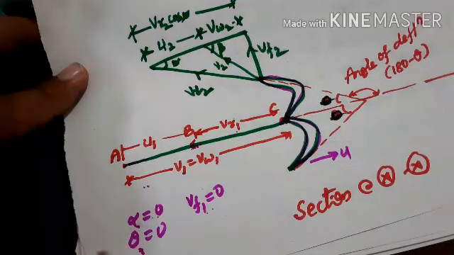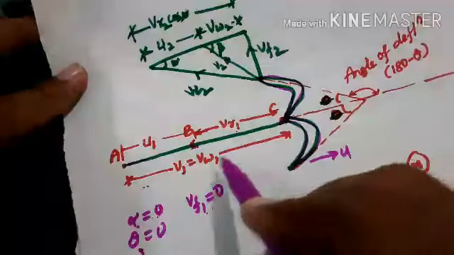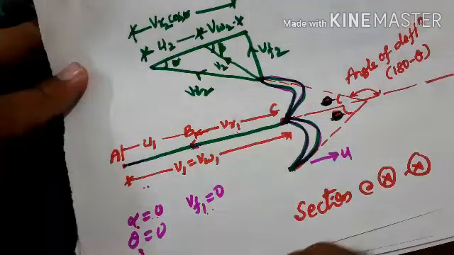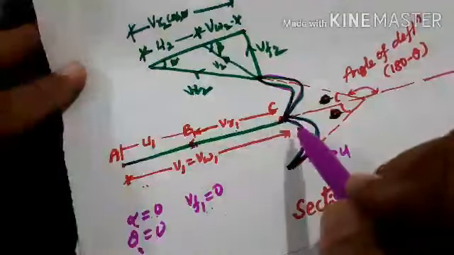If the jet is striking by making some angle with the horizontal, then you know how to draw the velocity triangle at the inlet. Otherwise the velocity triangle will be a straight line.